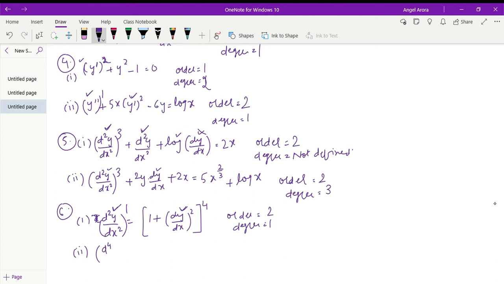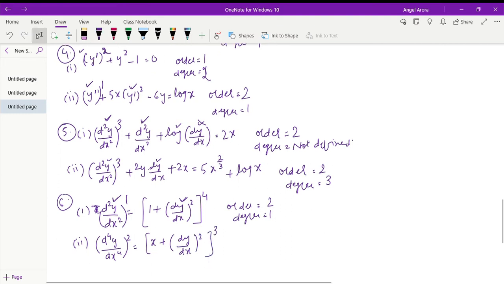Second part of sixth question. Actually, I was confusing second part with first part. d4y upon dx raised to the 4 whole squared is equal to x plus dy upon dx squared raised to 3.